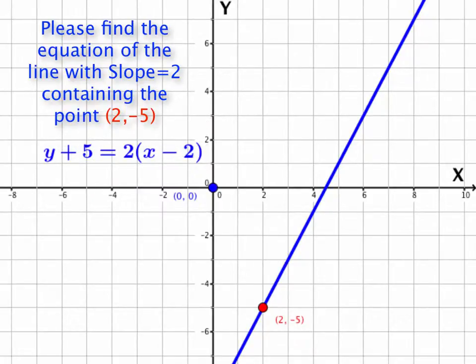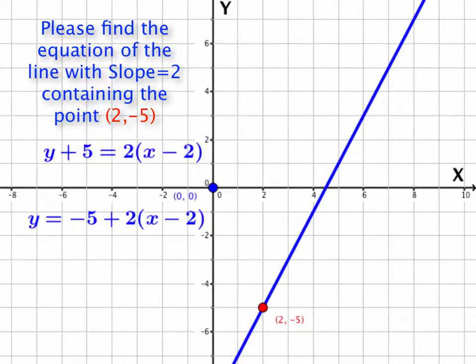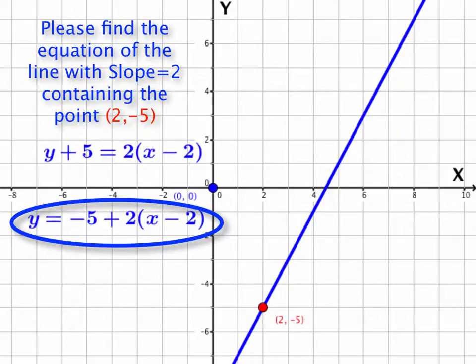Now there are a couple different ways to rewrite this same equation, each of which has its own merits. For instance, this one is great because it tells you exactly the slope and what point your graph goes through. Another way to write this is y equals negative 5 plus 2 times the quantity x minus 2. And note all I did was subtract 5 from both sides of this equation. This form of the equation in y equals form looks very similar to our slope-intercept form from before.